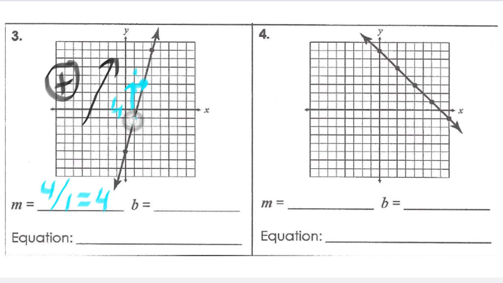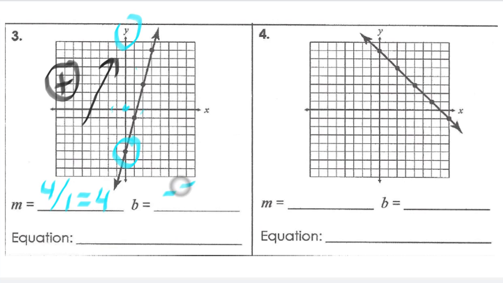Okay, now let's see where our y-intercept is. So our y-intercept is right here, because that's where the line is hitting this y-axis. So I'm going to count down from the origin. Here's the origin. 1, 2, 3, 4, 5.